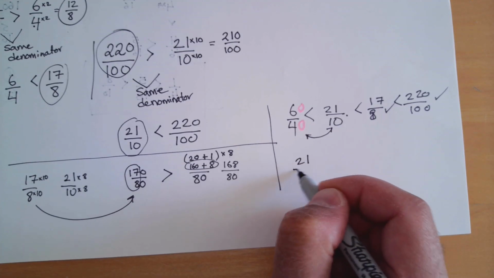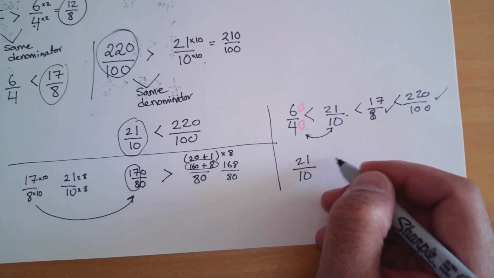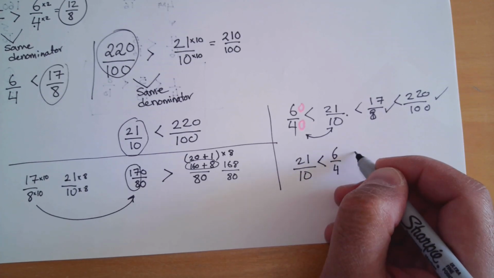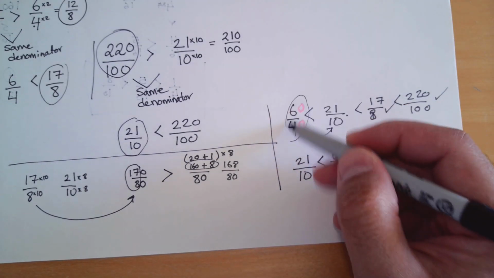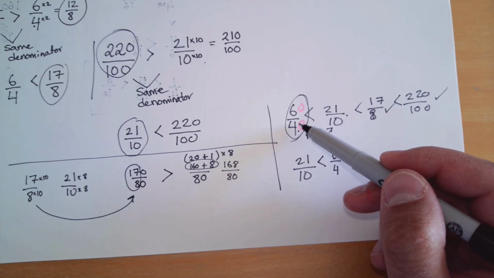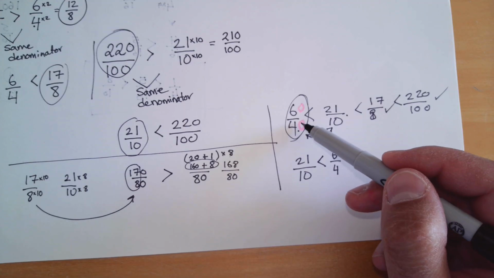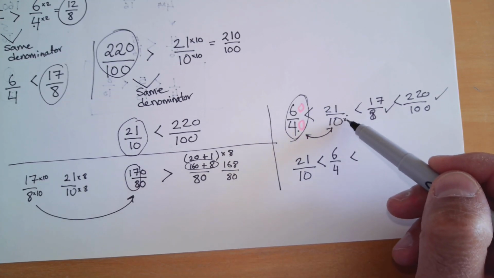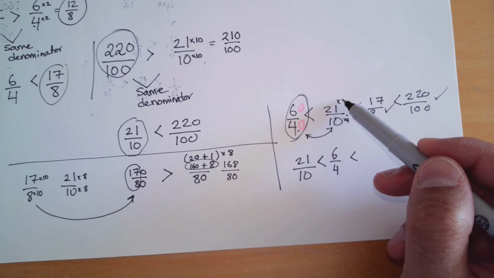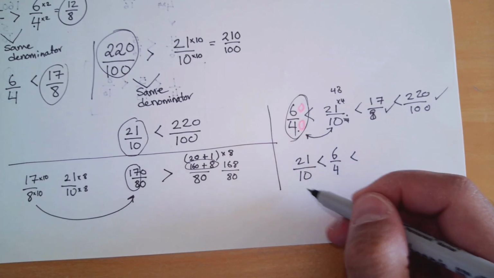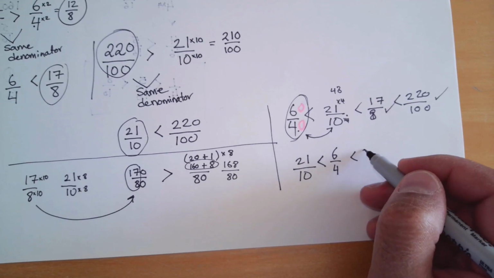So 21 tenths is actually the smallest fraction of the three. Okay, and it's just because mentally I can see that if I multiply 6/4 by 10 and 21 tenths by 4, that's going to be 60/40 and 84/40, right? So that's why I switched them around.